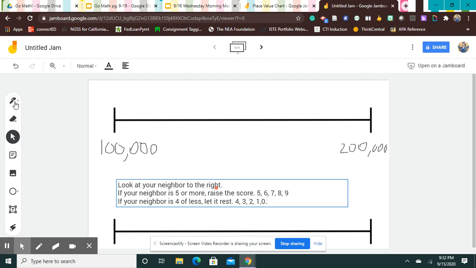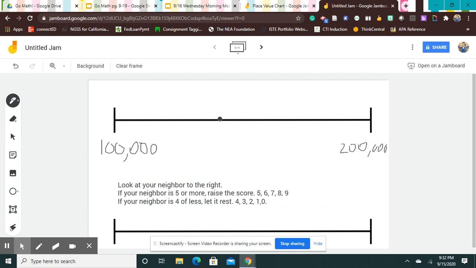So our number right now is 138,202. So we don't know, are we going to go to the 100,000s when we round, or are we going to go to the 200,000s, because we're rounding to the nearest 100,000.